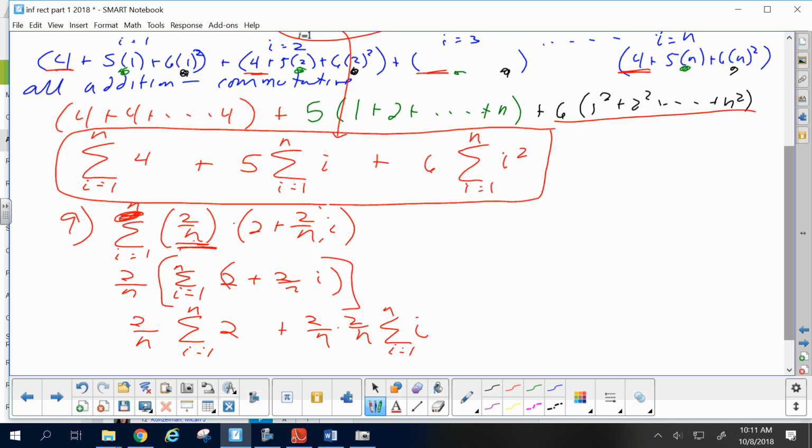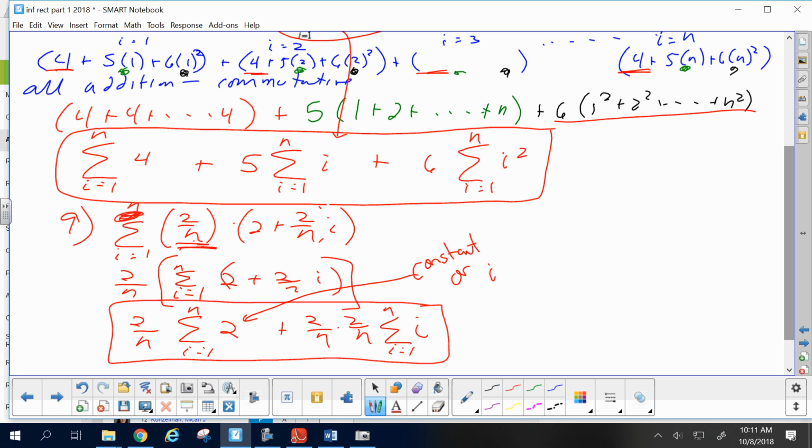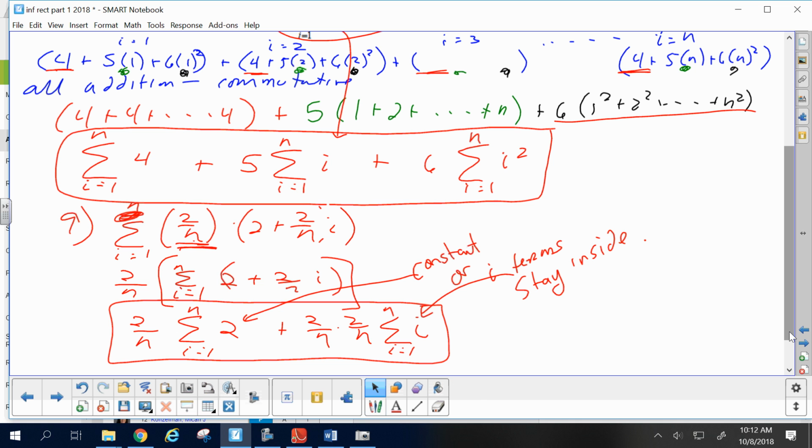That's what I'm looking for on 9 A, B, and C. That's your final answer. It's not hard. It's really just separating the terms of a sum and pulling any n terms out front, and any constant or i terms stay inside. Okay? Because you have to sum them.